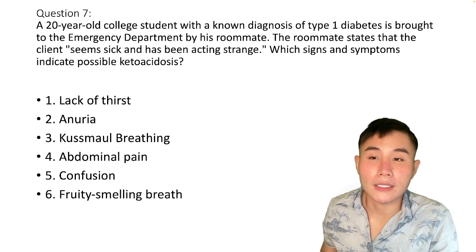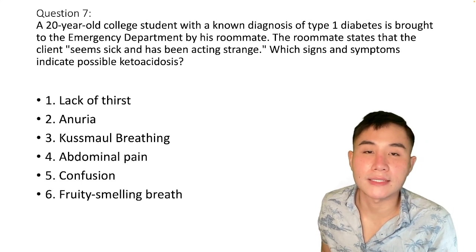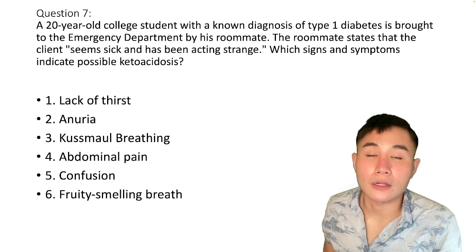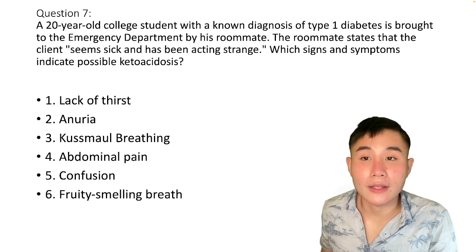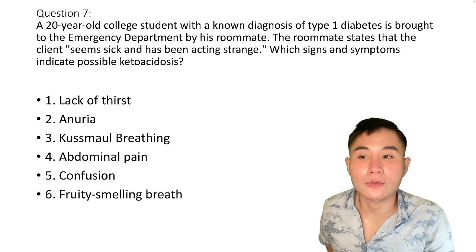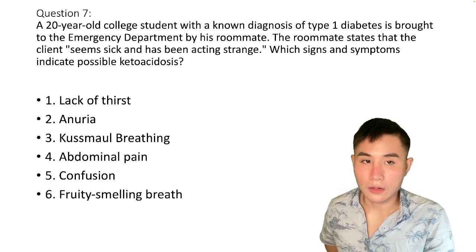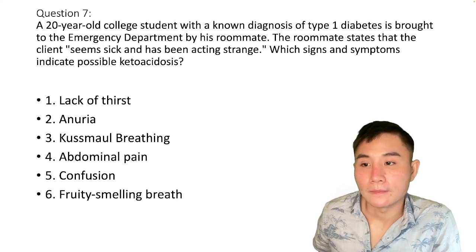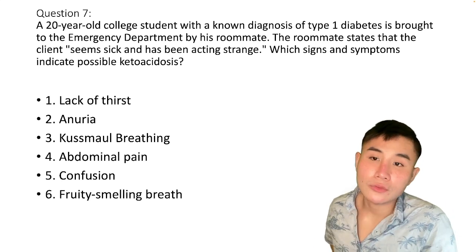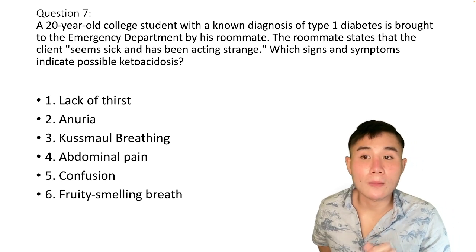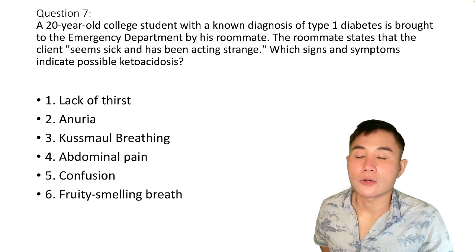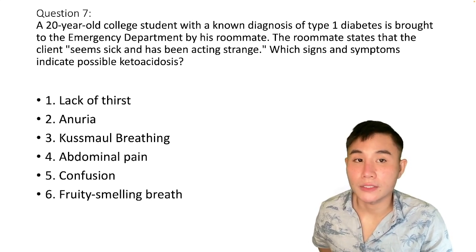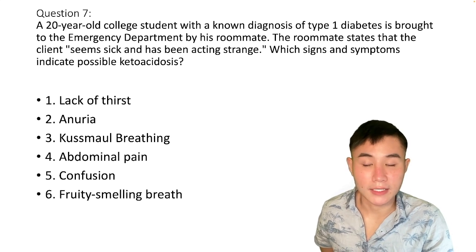Patients who are in DKA are dry like a desert. They want to drink a lot of water. Their blood sugar content is so high, they are so concentrated, so thirsty. Number 2, anuria, that's wrong as well. These patients pee out so much. So polyuria. Number 1 and 2 are not signs and symptoms of DKA.